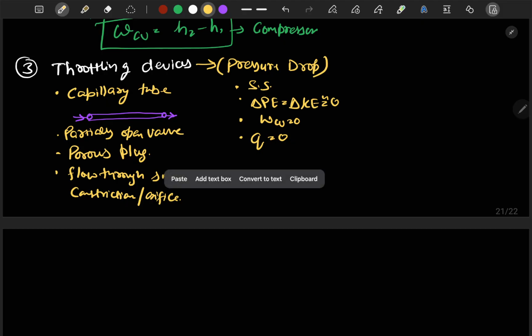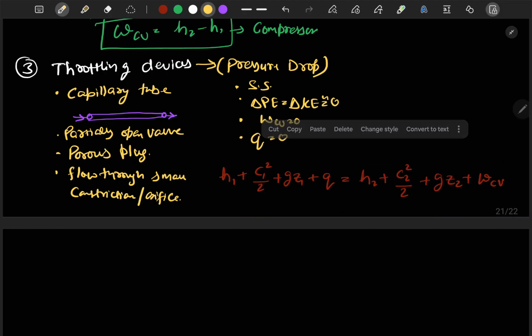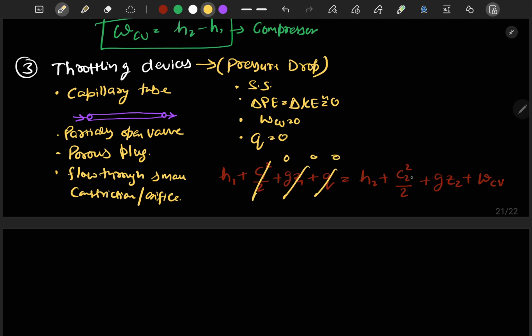So if we apply the equation, we get all the terms as 0, 0, 0, 0, 0. So what will we get? We will get h1 equals h2. So in case of throttling, h1 equals h2, hence it is also called an isenthalpic process.